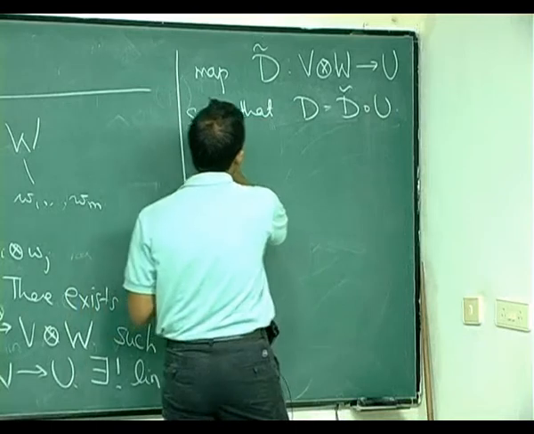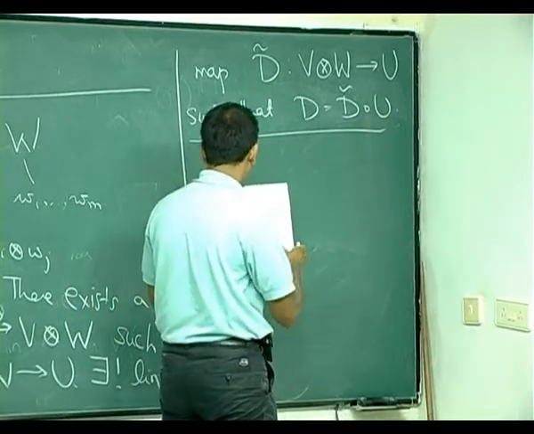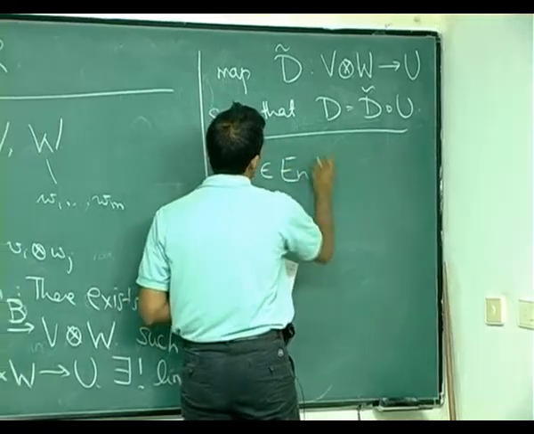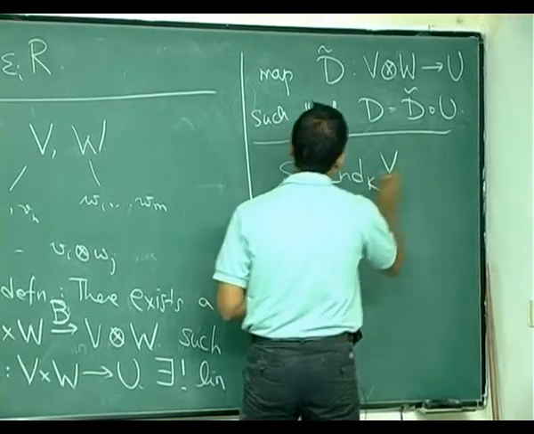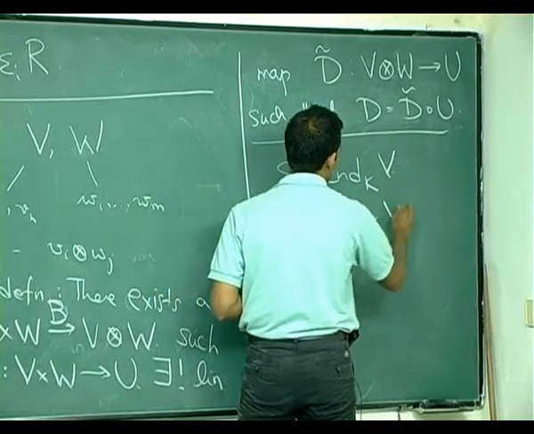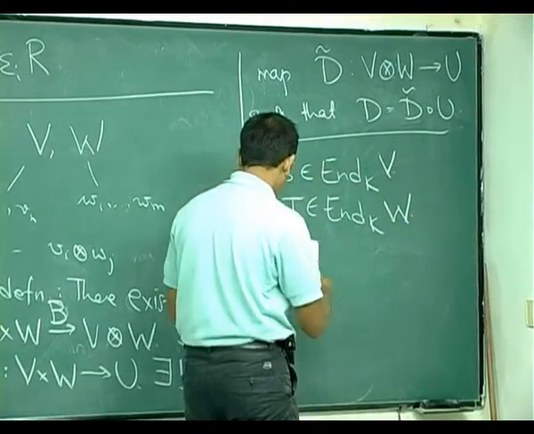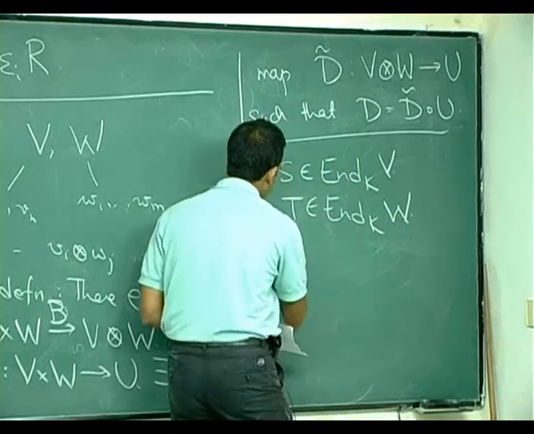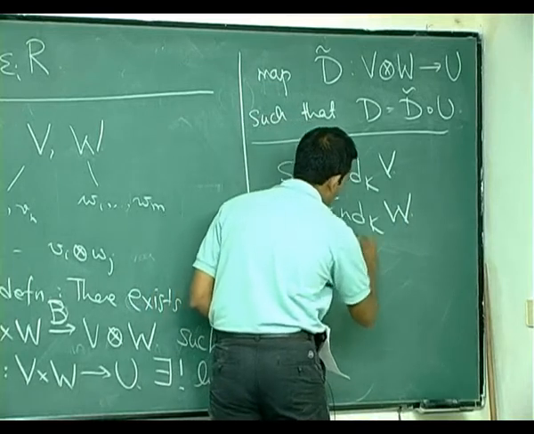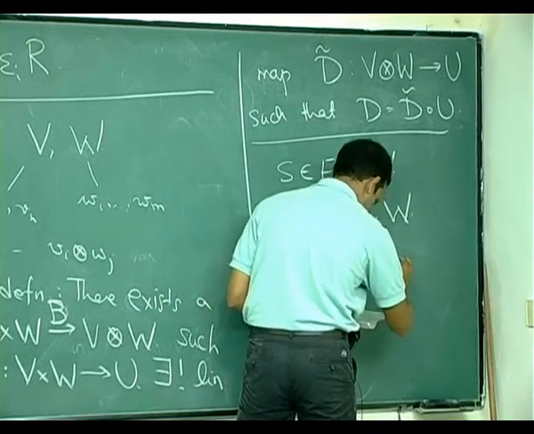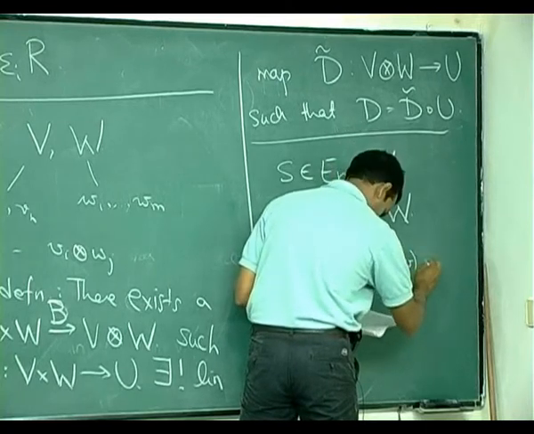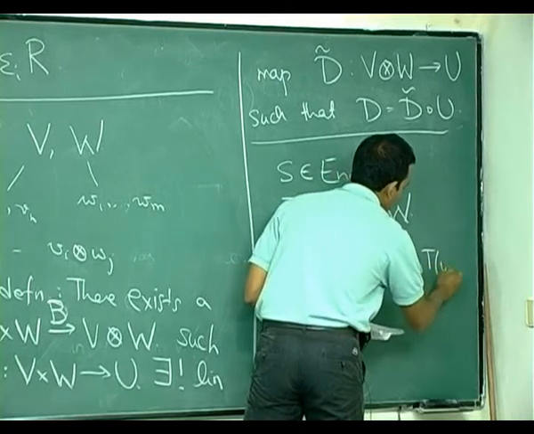Here let me just show you how you can use this definition. So for example, suppose I have S an endomorphism of V and T an endomorphism of W, two vector spaces, then I can look at D of (v, w) to be B of (Sv, Tw).